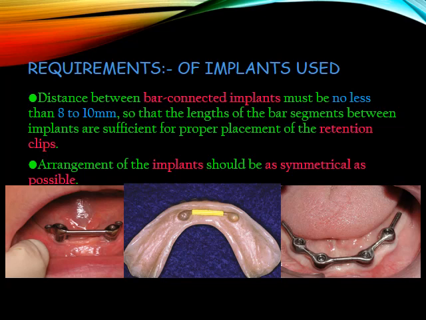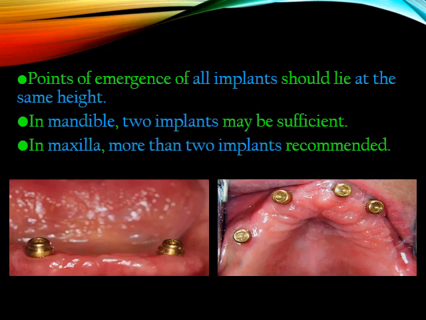The arrangement of the implants should be as symmetrical as possible, and the points of emergence of all implants should lie at the same height. In the mandible, 2 implants are used and could be sufficient, and in the maxilla, more than 2 implants.